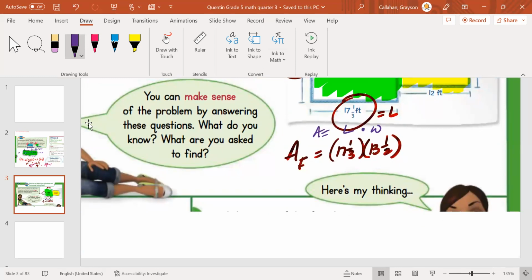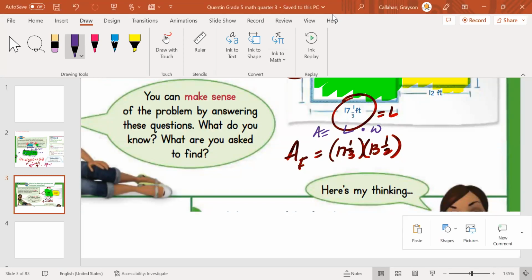How do you multiply this? What are you doing? So how would you normally multiply a mixed fraction?